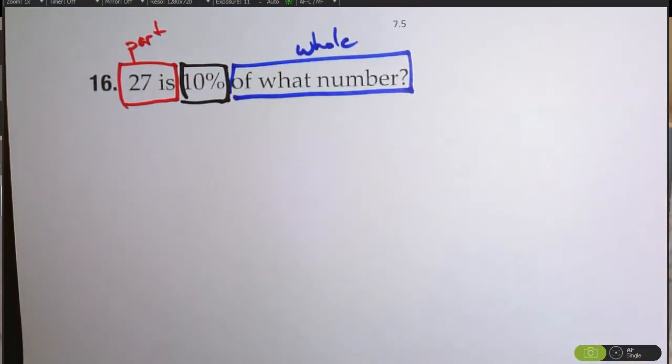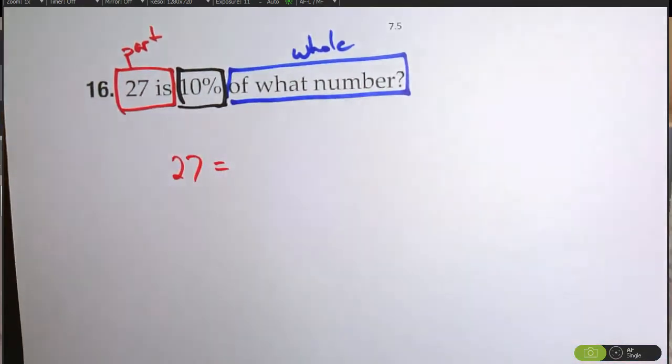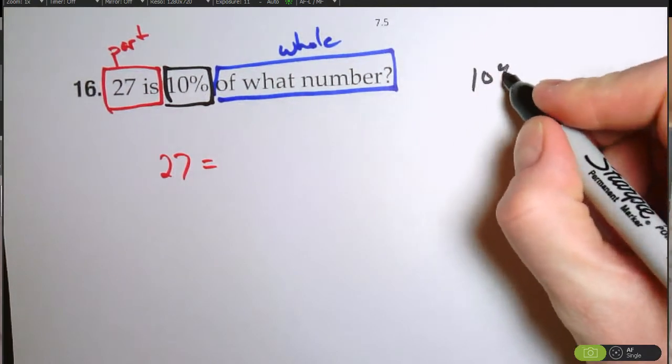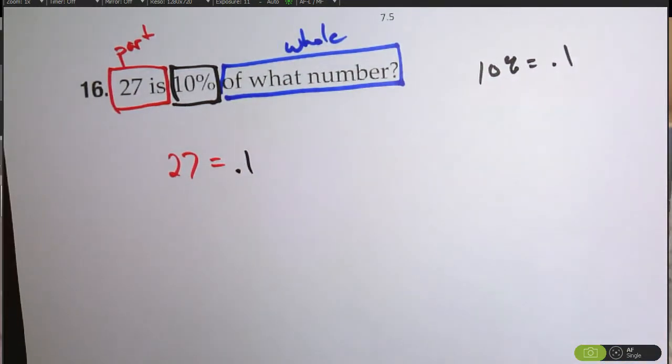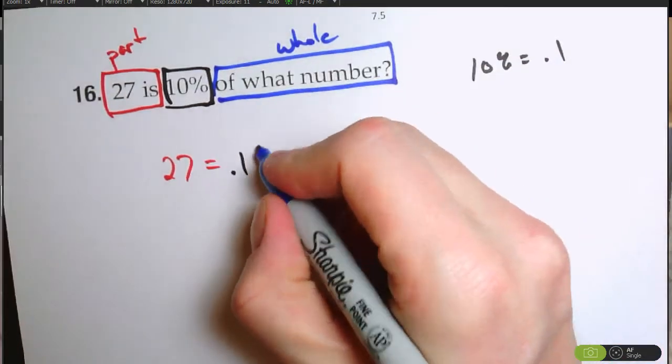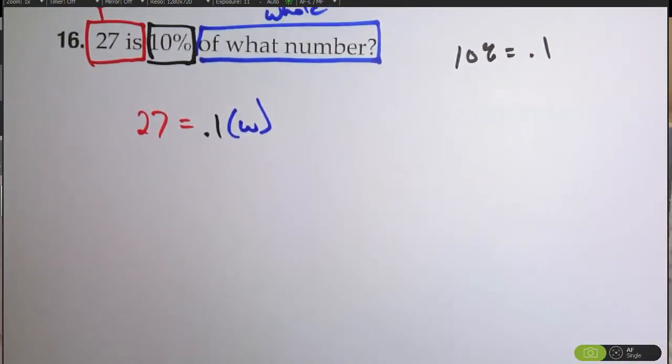So part equals percent, but as a decimal, and 10% as a decimal is 0.1, times the whole amount, which I will just call, say, W. Okay, so my equation is 27 equals 0.1 times W.